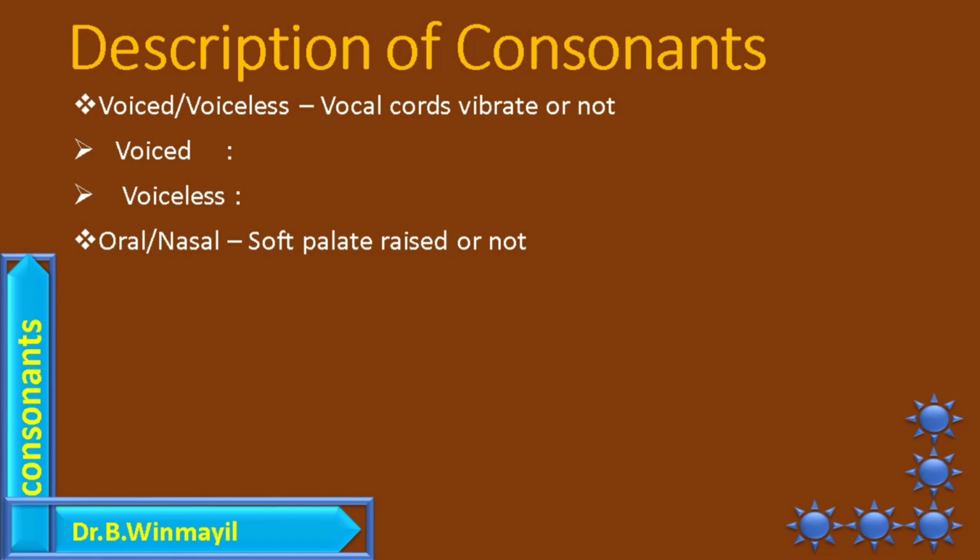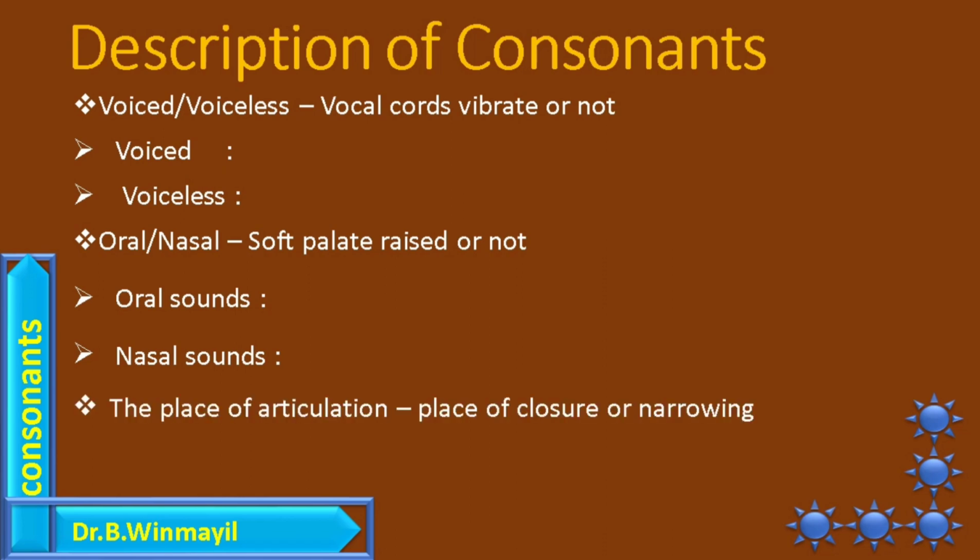Next, we have to indicate whether the soft palate is raised or lowered, that is, whether the air passes through the mouth only or through the nose only. Based on this, we have the subdivisions like oral sounds and nasal sounds.